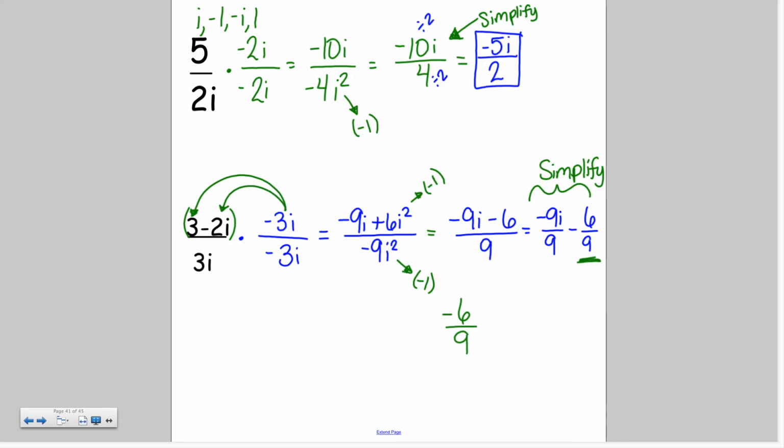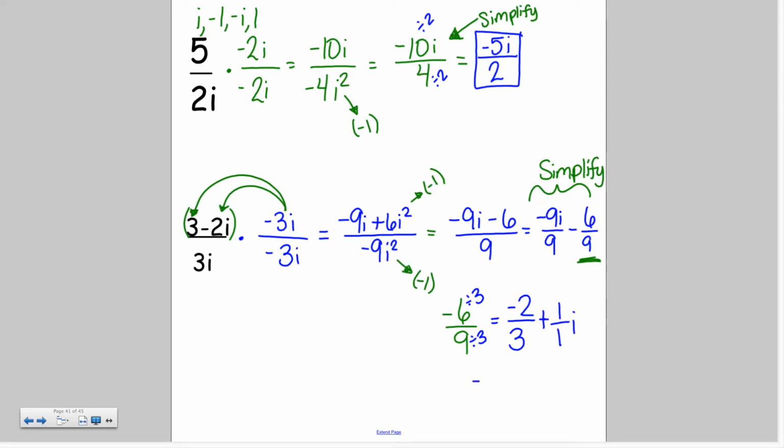So 6 over 9 simplified. I know I can divide this by 3, and I can divide this by 3. So I'm going to end up with negative 2 over 3. Now, negative 9 divided by 9 is 1. So I'm left with positive 1 over 1i.